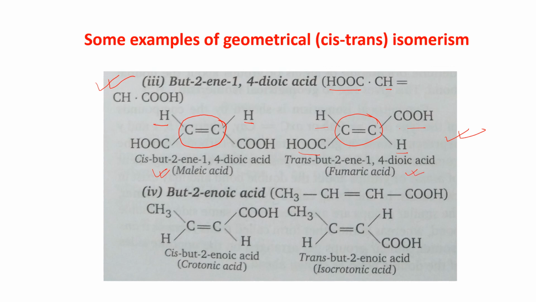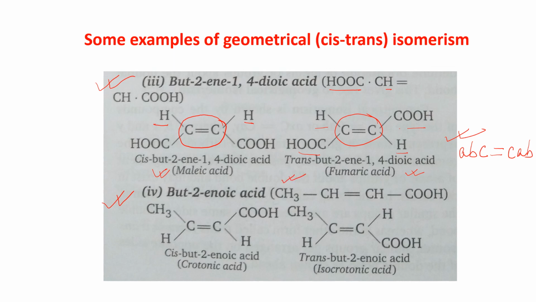Now these all, first, second and third, are all of the type ABC double bond CAB. See number 4 example, that is but-2-enoic acid.